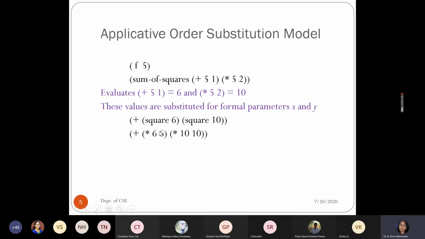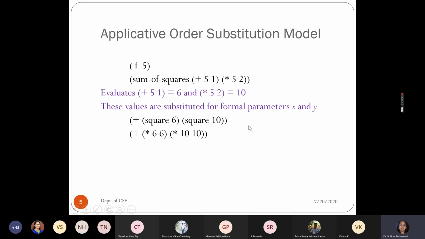What is a now? It is 6. So instead of a, 6 is substituted, and here 10 is substituted in the expression. Finally you get a nested composition that will be evaluated. The interpreter now knows how to evaluate this nested composition. This is nothing but the substitution model.